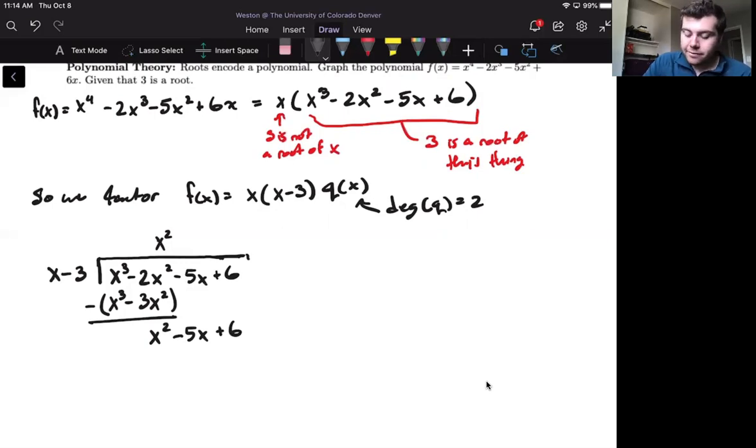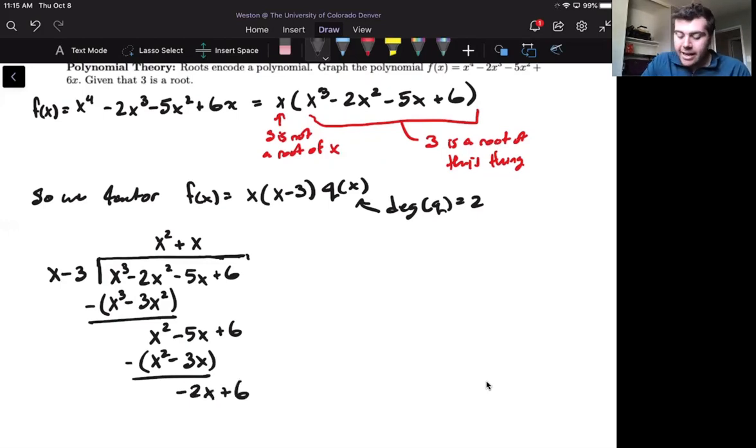That leaves us with an x squared, and we bring down the tail: x squared minus 5x plus 6. All right, for the next thing, we take x minus 3 and we try to match it to this x squared. So we'll add an x on there, and then we get x squared minus 3x. We subtract. And that gets us minus 2x plus 6.